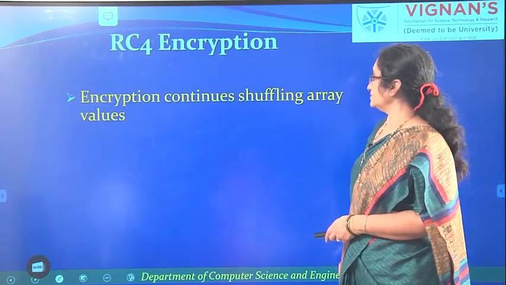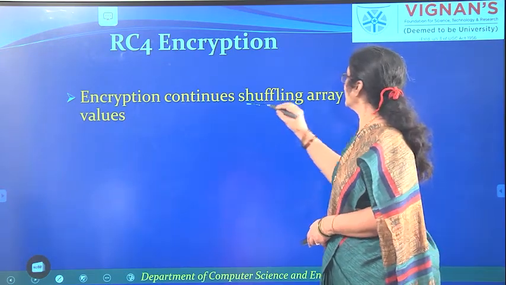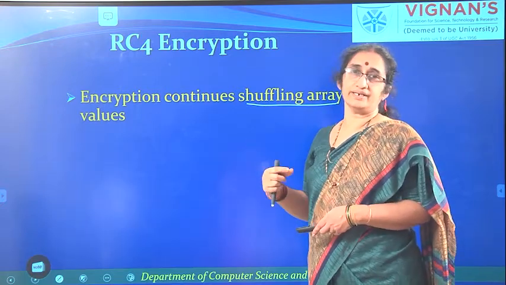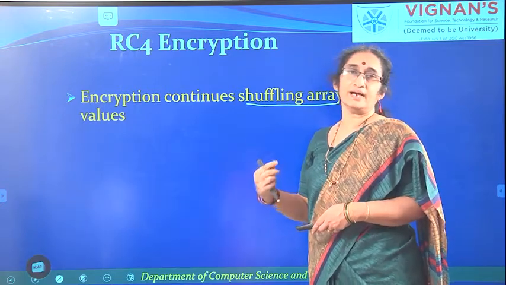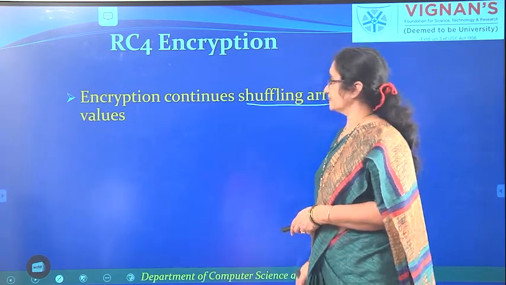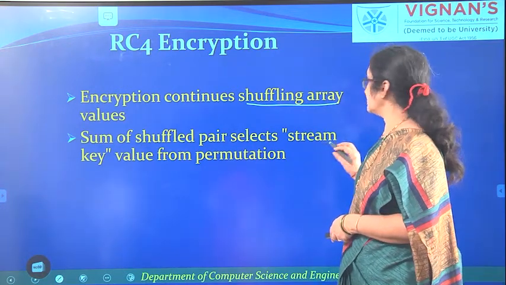And how is the encryption process done? The encryption continues the shuffling of the array. So, you shuffle the array and you generate a key. Again you shuffle the array and you generate a key. This is a continuous process. The sum of the shuffled pair selects the stream key.